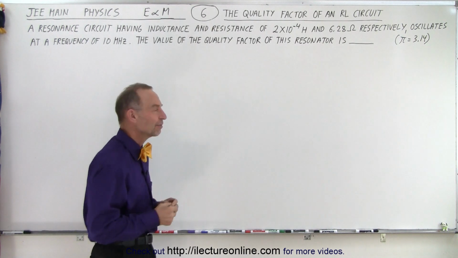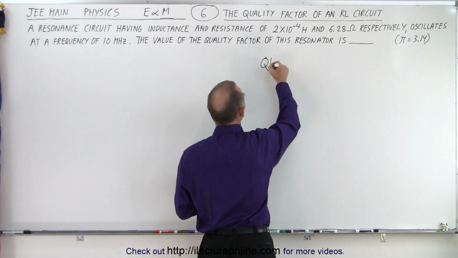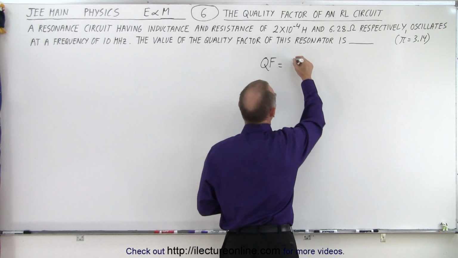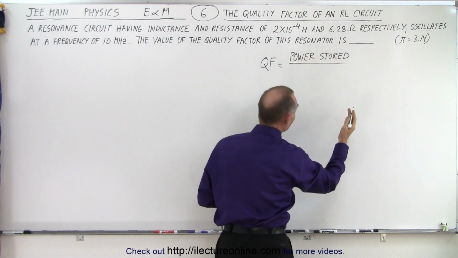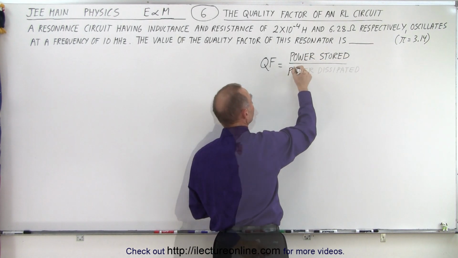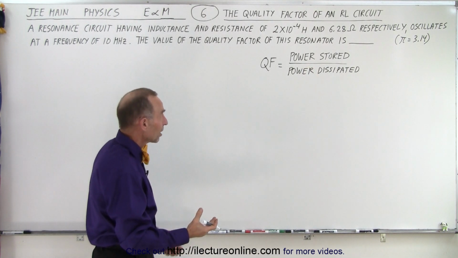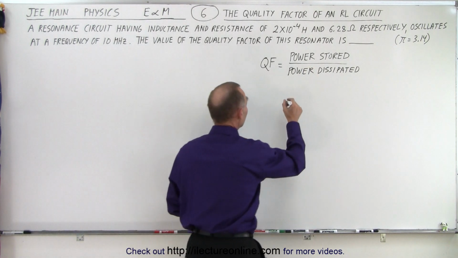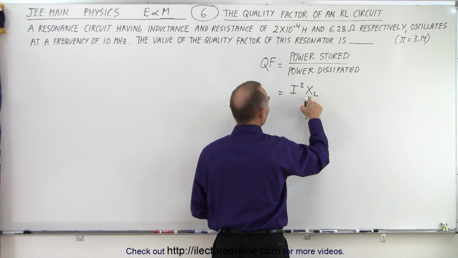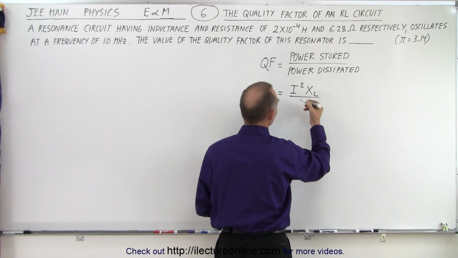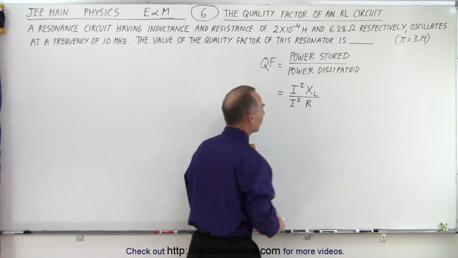So what is the quality factor? Well, it turns out the quality factor, let's call it QF, is equal to the power stored divided by the power dissipated. So what stores the power in an RL circuit? Well, it's the inductor, and so the equation would be I squared times the reactance of the inductor divided by I squared times the resistance of the resistor.